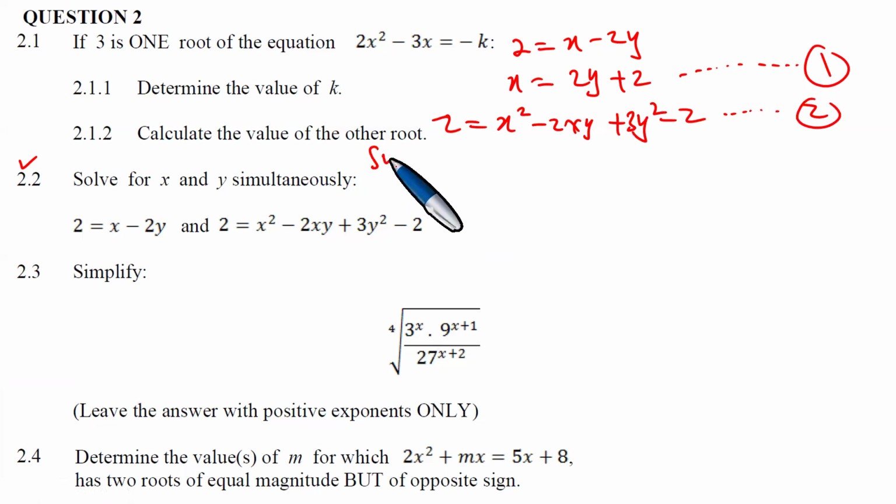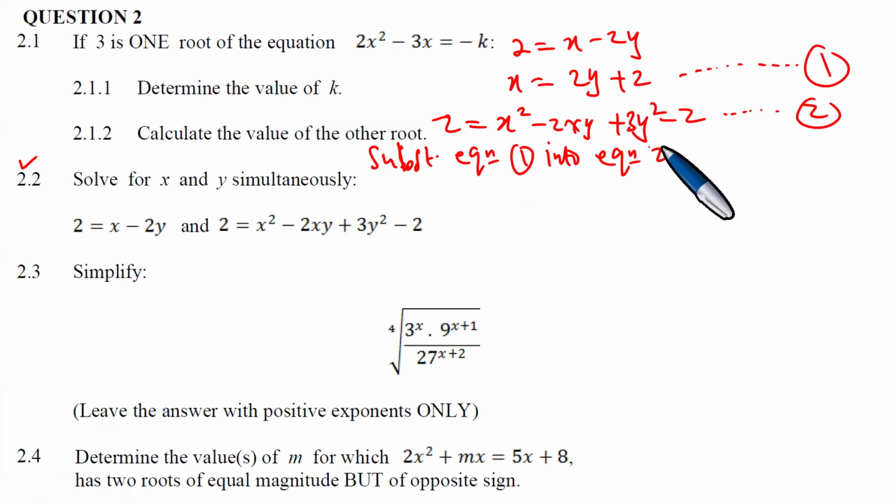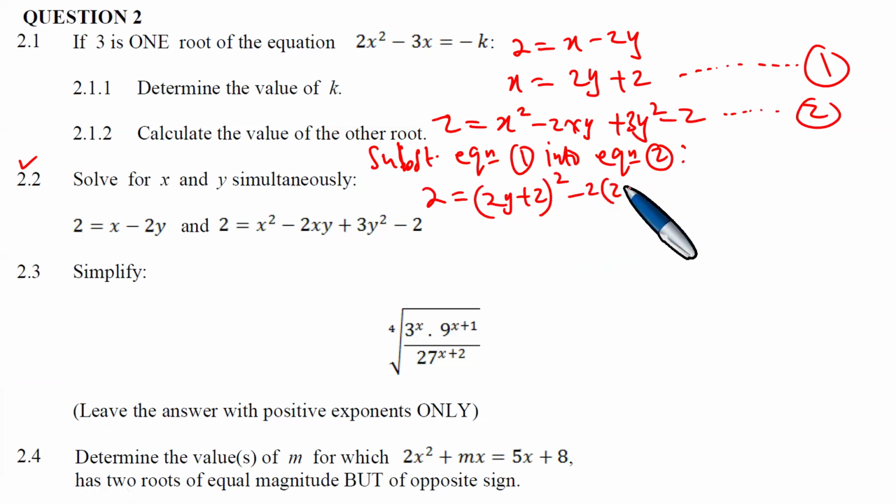So you substitute equation 1 into equation 2, which means in the place of x, you put 2y plus 2, you square, minus 2 in the place of x, you put 2y plus 2, you put y, and then you have 3y squared minus 2.